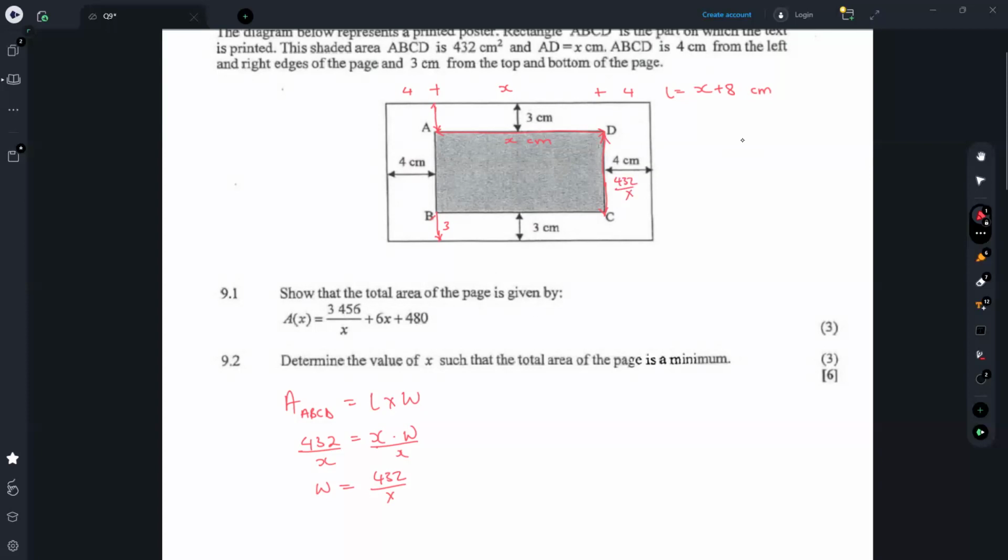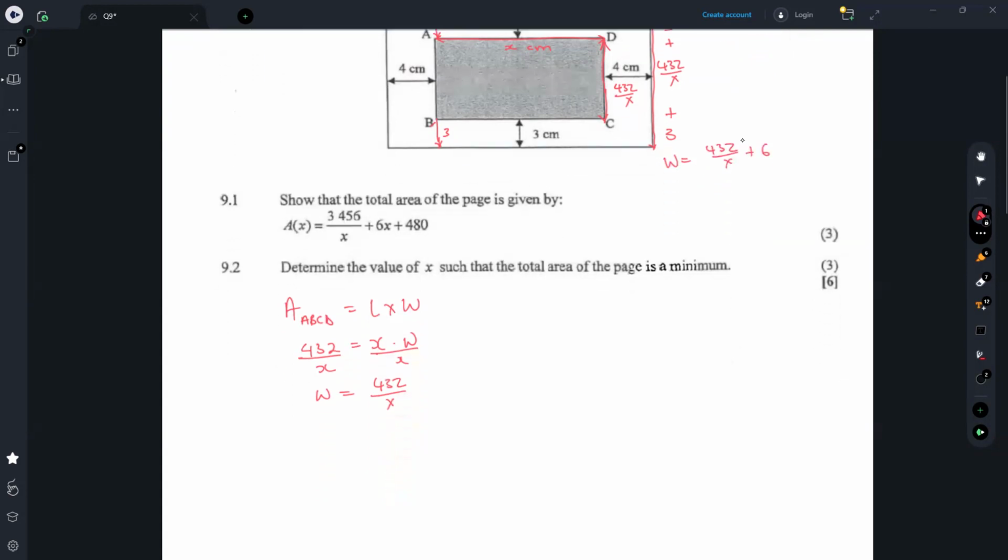So now when I want to calculate how long this paper is, it would be this 3 centimeters plus this 432 over X plus this 3 down here. So it means that our width here will be 432 over X plus 6.